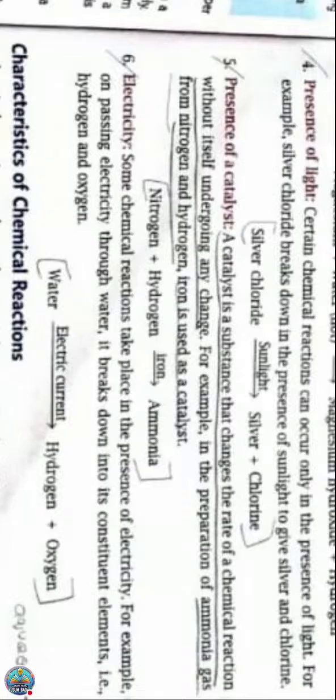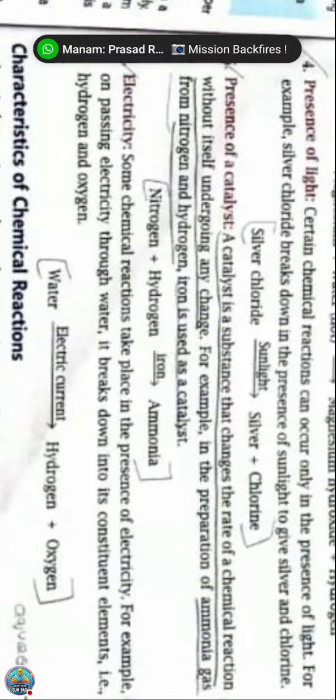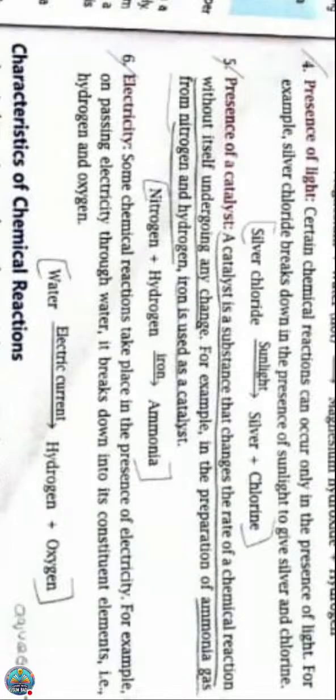For example, in the preparation of ammonia gas, its formula is NH3. Nitrogen and hydrogen will react in the presence of iron. So here iron is a catalyst to form ammonia. N2 plus 3H2 will form 2NH3.